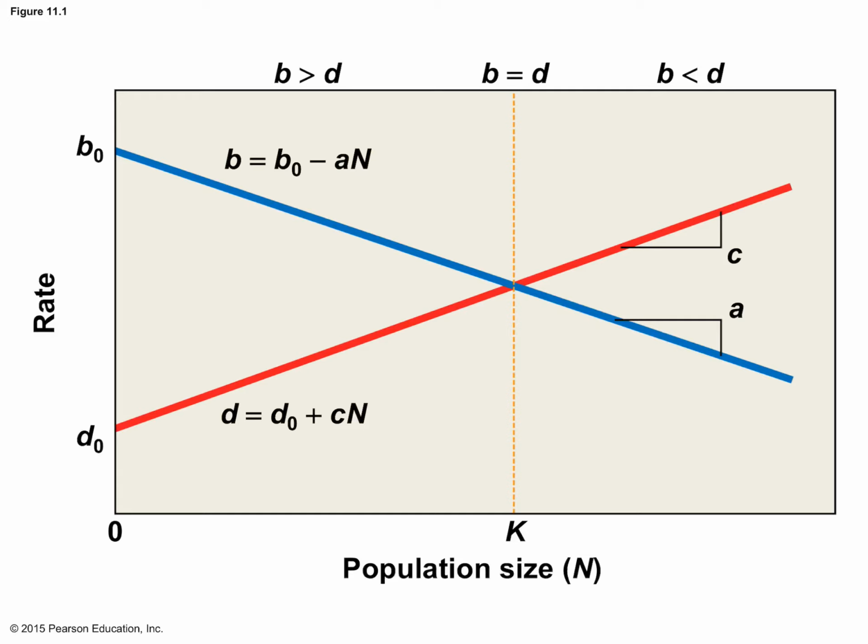So c here represents the slope of the increase in death rate as population size increases, and a represents the slope of the line describing decrease in birth rates as population size increases.